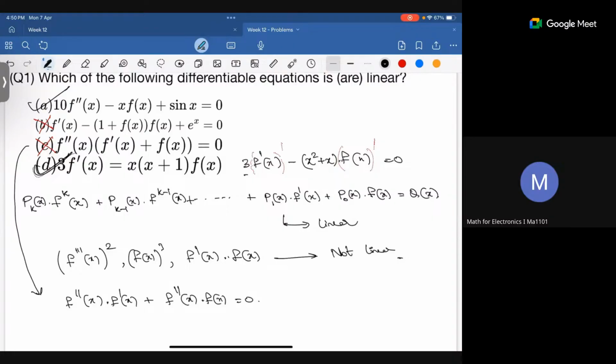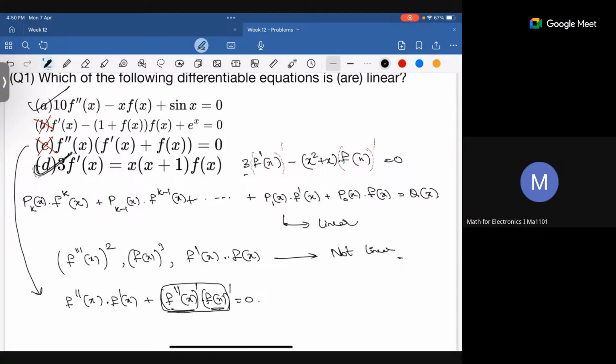So here, this has power 1, this has power 1. Both are belonging to this f of x only, right? So this is some variable, this is another variable. Two variables getting multiplied will no longer be linear, right?